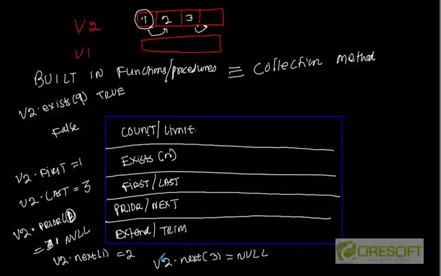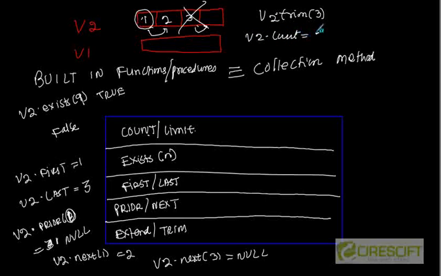Then trim is the opposite of extend. So if I do v2 dot trim 3, that means I deleted the third element. Okay, so after v2 dot trim 3, if I do v2 dot count, the value will be 2, because we have only 2 elements.